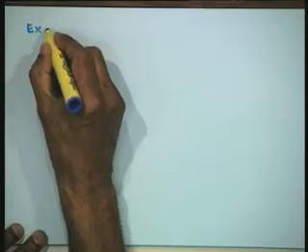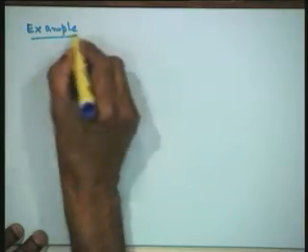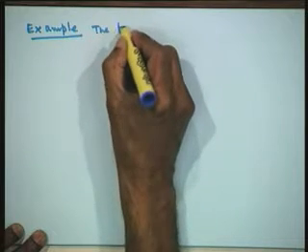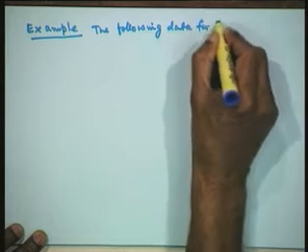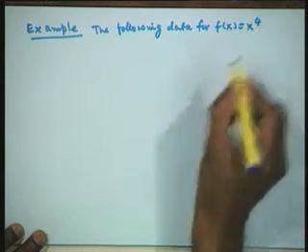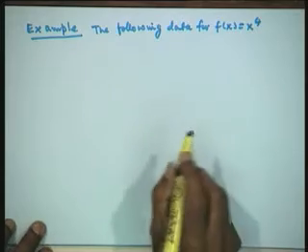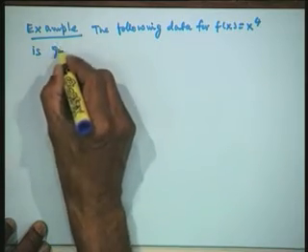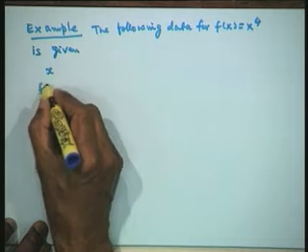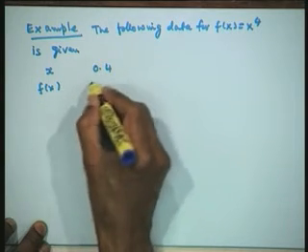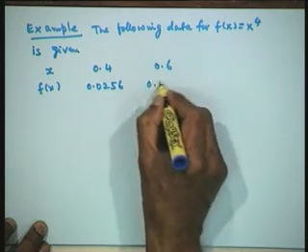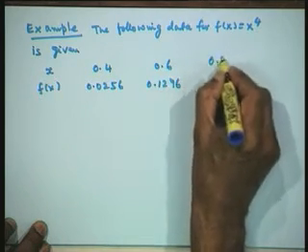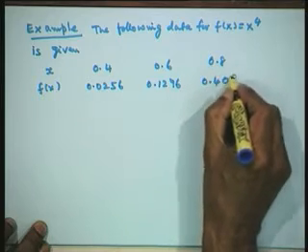Okay. Let us actually take an example on this. The following data for f x is equal to x to the power of 4. Let us give the function also, so that we can understand the error. The data points are 0.4, 0.0256; 0.6, 0.1296; 0.8, 0.4096.